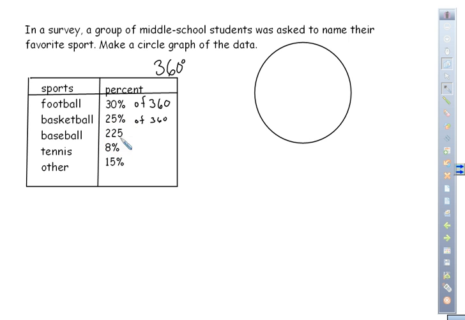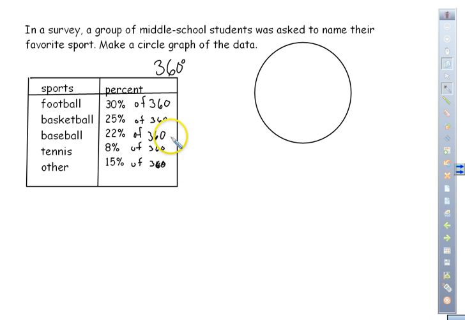That should probably be, I'm guessing, 22, maybe 22.5. I'd have to add these percentages up, so I'll do that here real quick and make that change. All right, so that's 22%, so it's 22% of 360, 8% of 360, and 15% of 360.